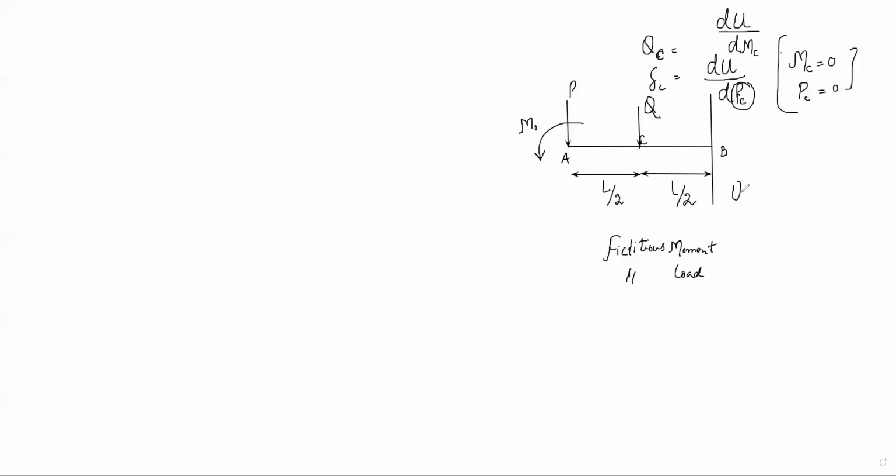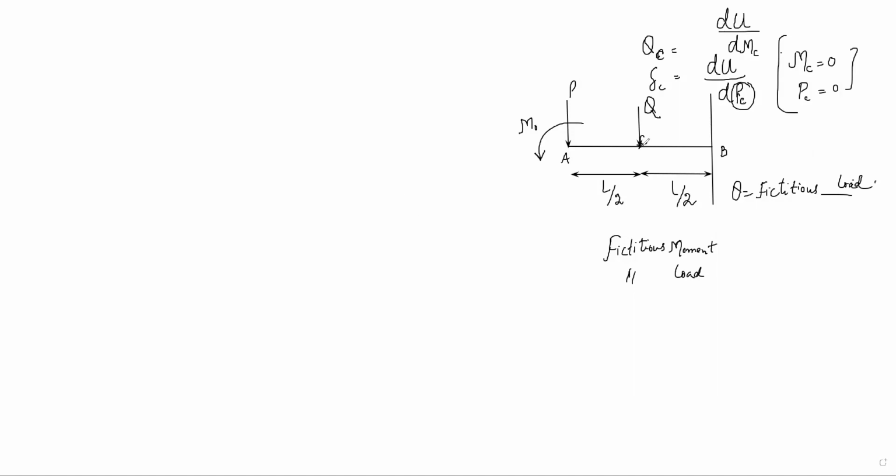So for us, Q is the fictitious load. It's not acting; we're assuming that it's acting on the beam. Now, we'll find the total strain energy of the beam. Now we are having a concentrated load acting here.